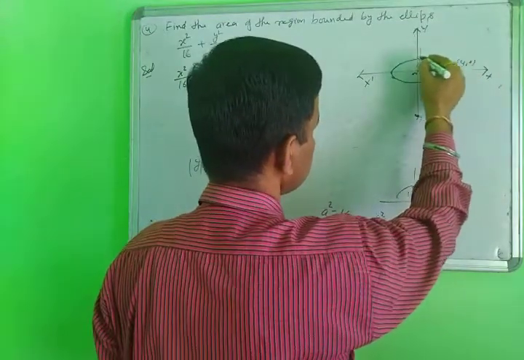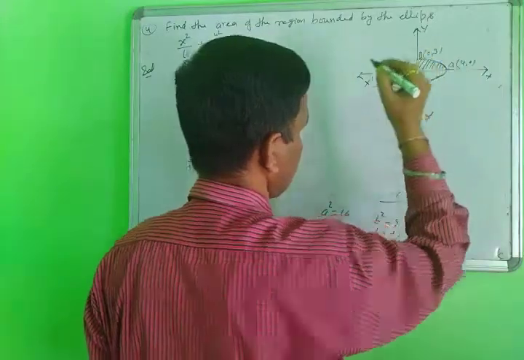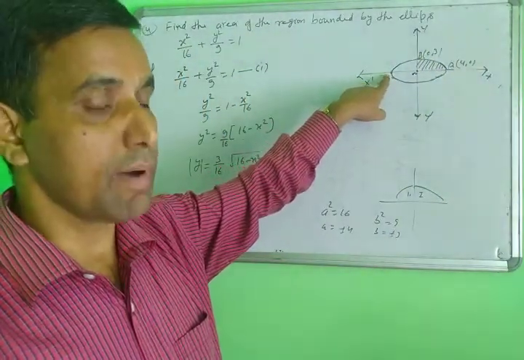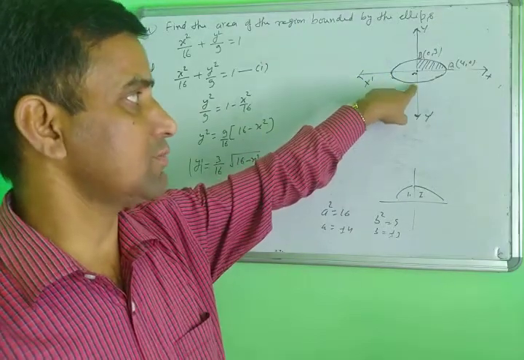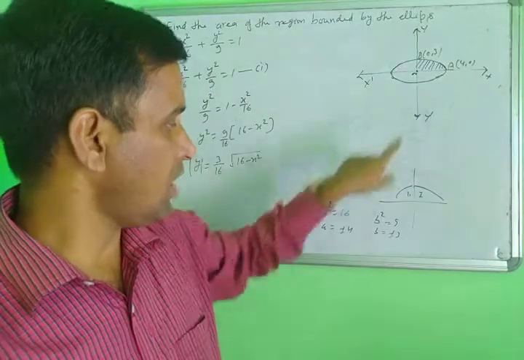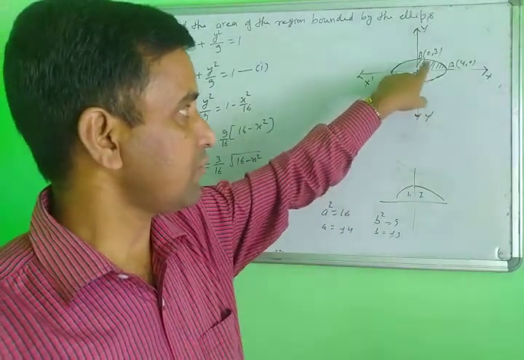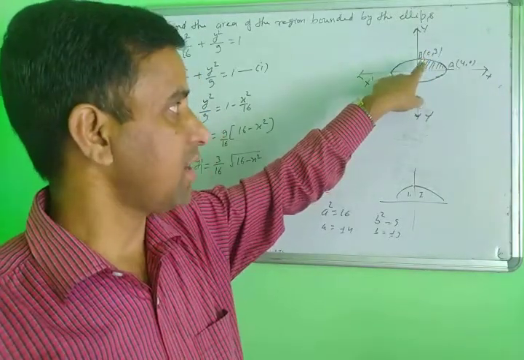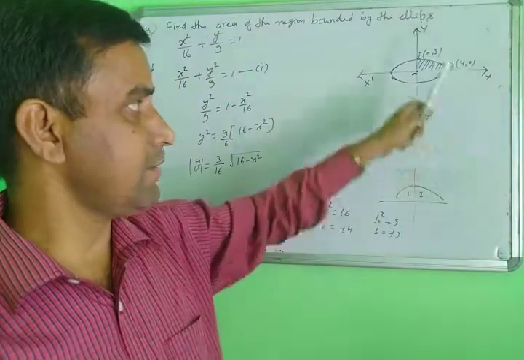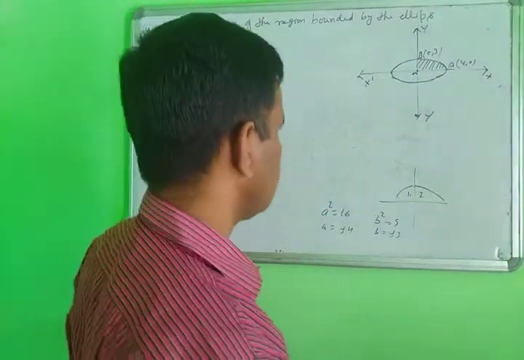Suppose this is point B, 0, 3. The point A dash is minus 4, 0 and the coordinate here is 0, minus 3. We will not write these here because we are finding only one part. Then we multiply this area by 4 and we get the area of the whole ellipse.